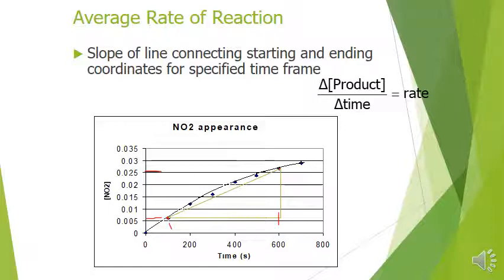Now this will have some problems, since we're assuming in this case that it's a linear relationship, when in reality it's going to be a curved relationship. But this isn't a bad way to get some good approximations.